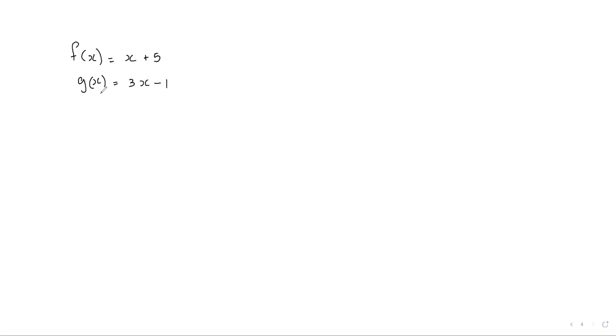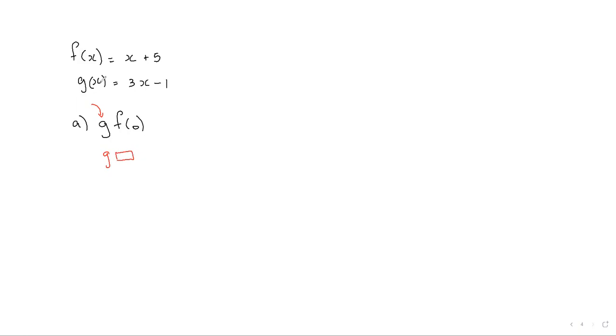All right, so they gave us the same thing, except they asked us to find g of f of 0. Again, your first function letter is like your template, so that's the one that you're going to substitute into.